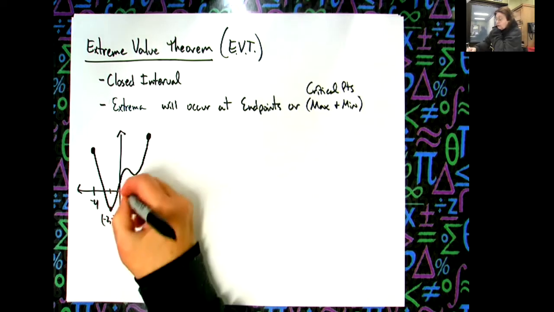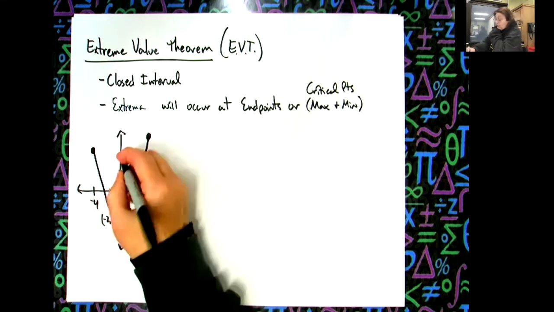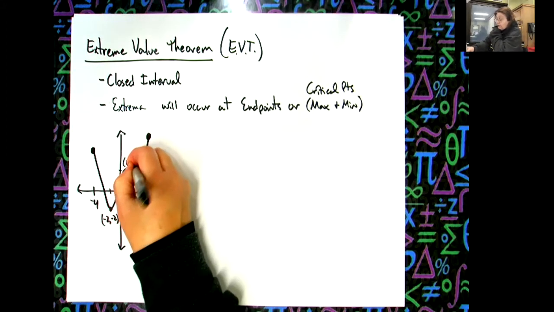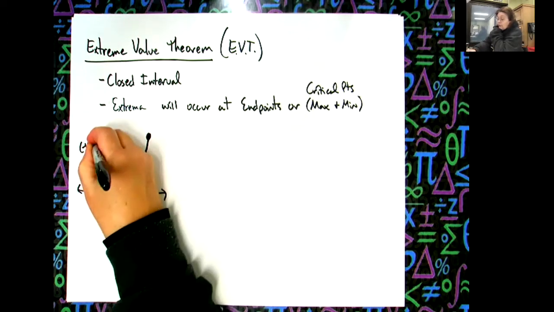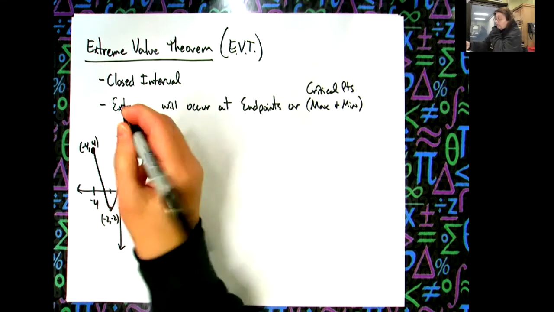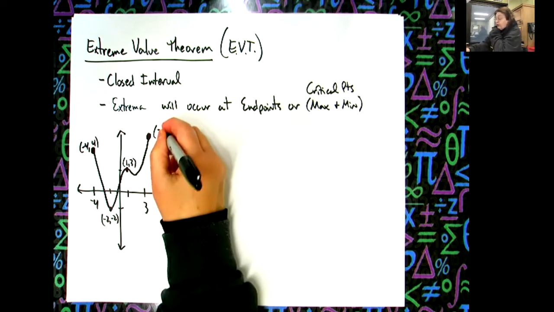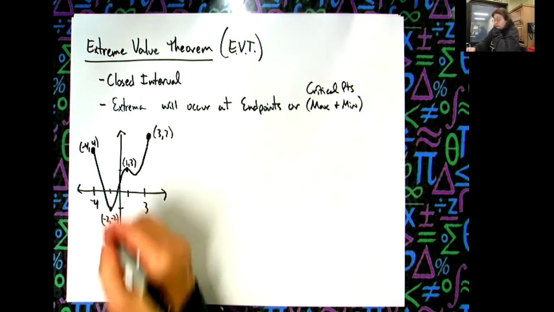Let's say this point is (1, 3). This point would be (-4, 4). This would be (3, 7).